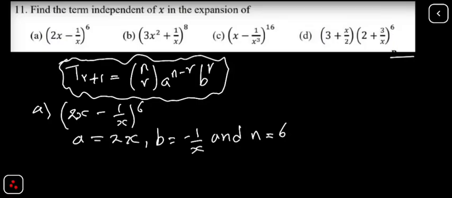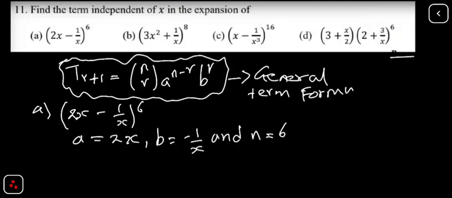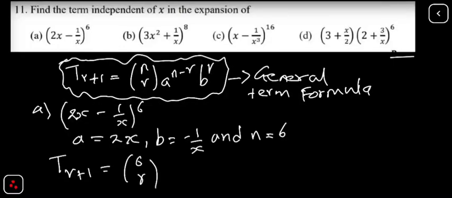So now the next thing, we're supposed to plug these values into the general term formula. We're going to say T_(r+1) = 6Cr. Our a is 2x, so it would be (2x) raised to the power 6 minus r, since our n is 6.